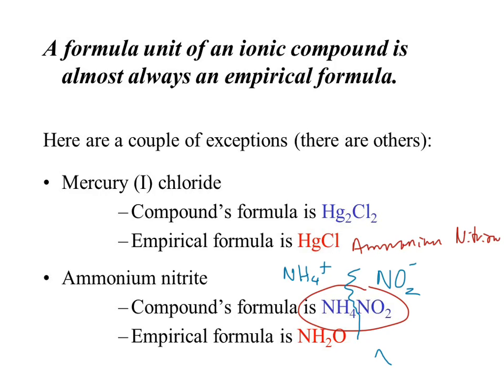We do not use any nitrous stuff. If you've been reading your textbook, that's great. But the nitrous stuff and all that stuff, that is for covalent compounds. Did we talk about naming covalent compounds? We talked about naming ionic compounds. I think you'll only use di in a couple of places, with your polyatomic ions.